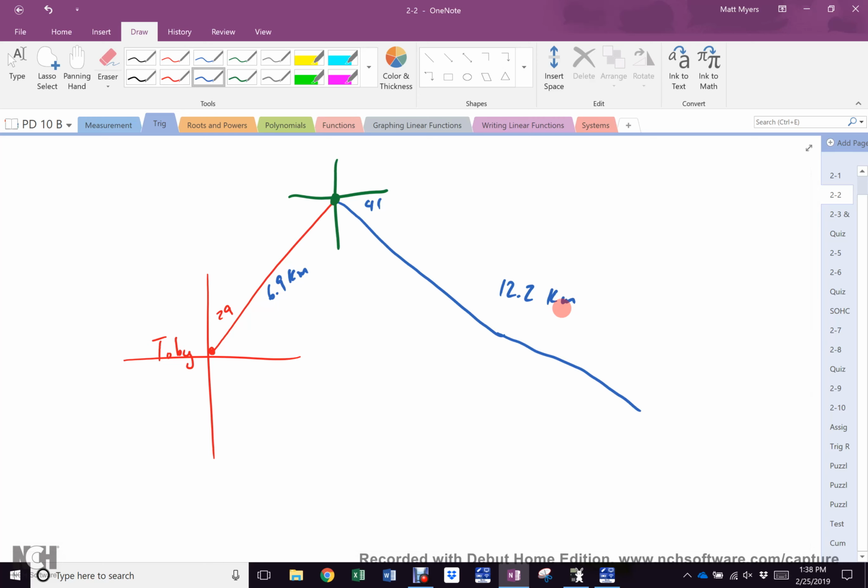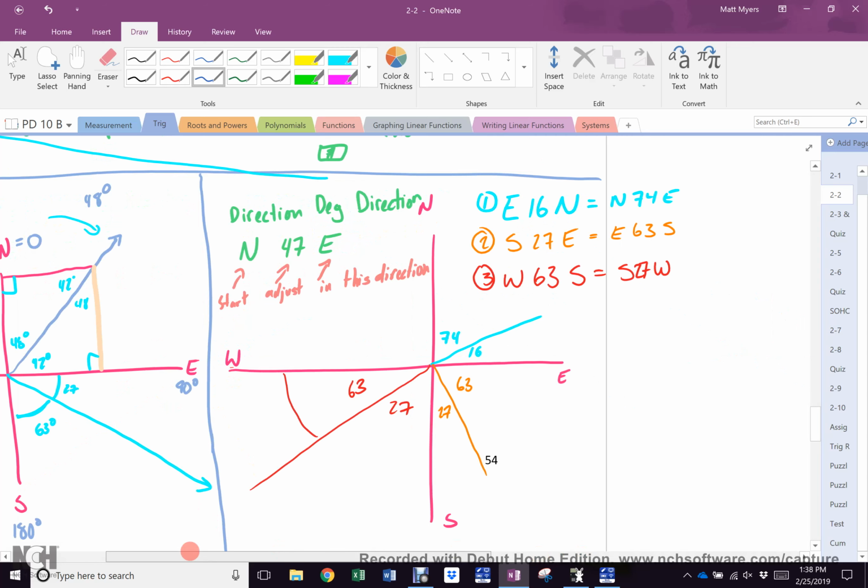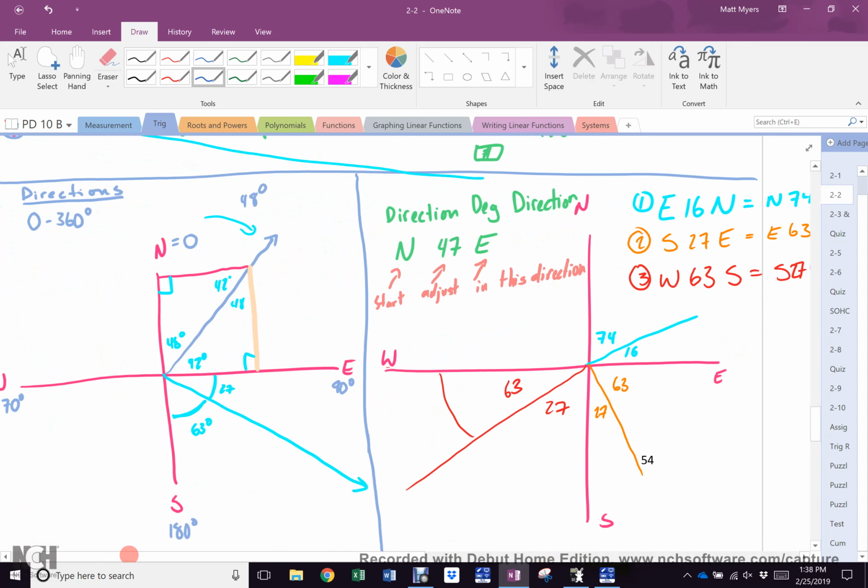This is what causes you guys the most problems. If this is 41, what's this? 49. If this is 29, what's this? 29. So what is this whole angle that he turned? 78. Everybody cool? All right. So that is angles in the real world.